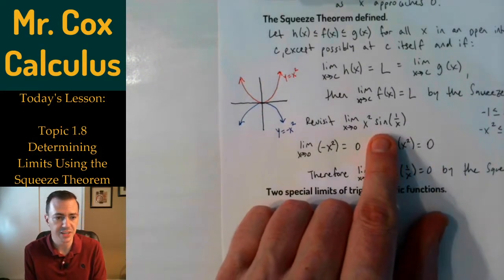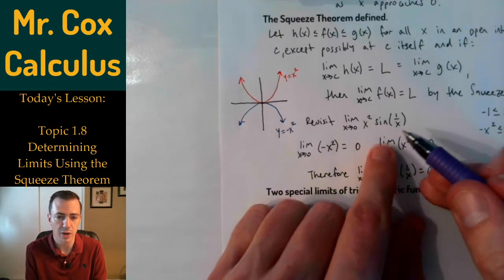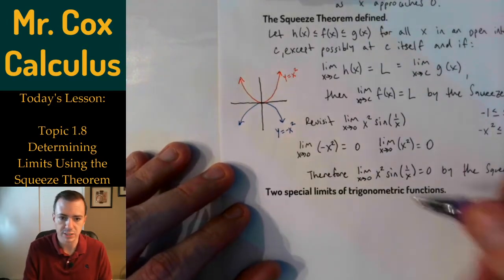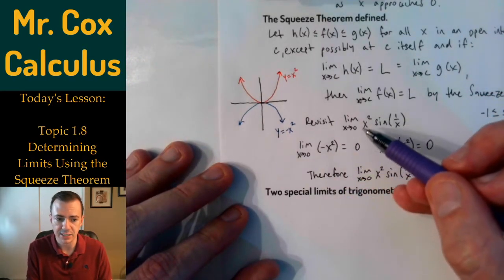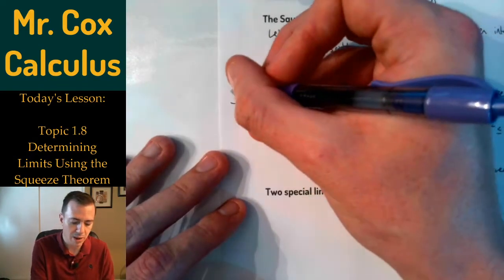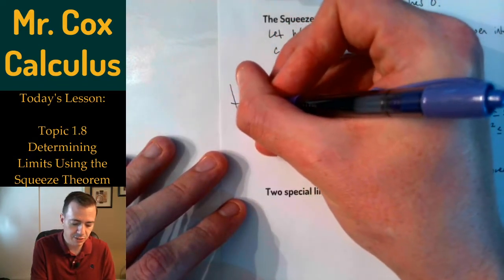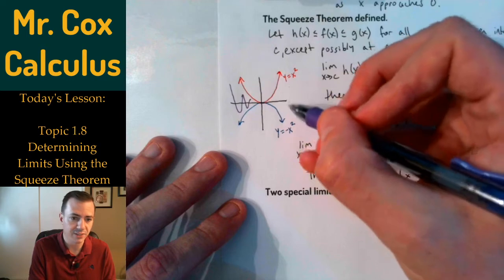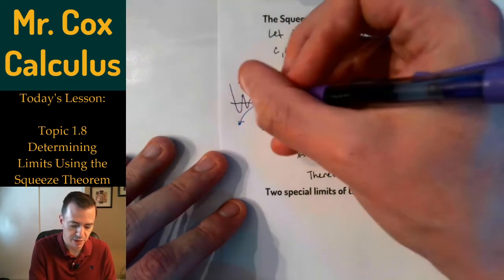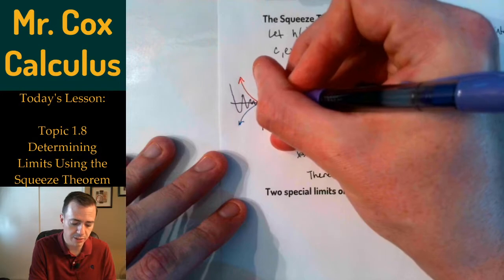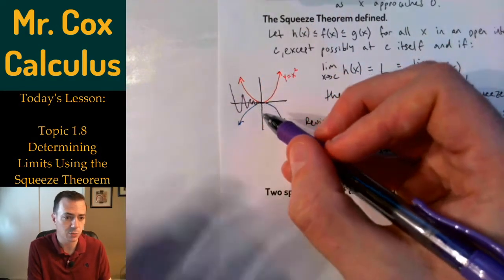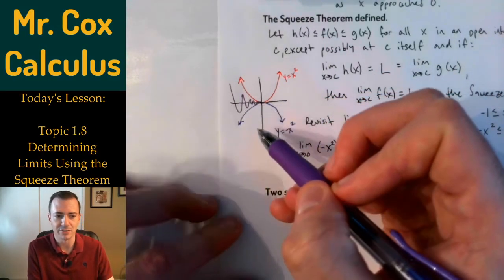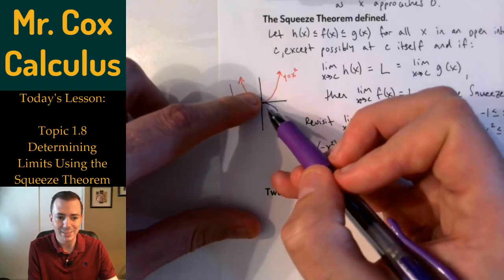Now what happens with this inner function, x squared times sine of 1 over x, is I get the same behavior that I was getting earlier when the x squared wasn't there. But because the x squared is getting smaller and smaller, it's affecting the amplitude. So this function still oscillates, but it's always bound by this upper and lower function, which we laid out through the inequality earlier. Even though it's oscillating faster and faster, and this is where you can see it gets the name Squeeze Theorem, it is being squeezed down to 0.